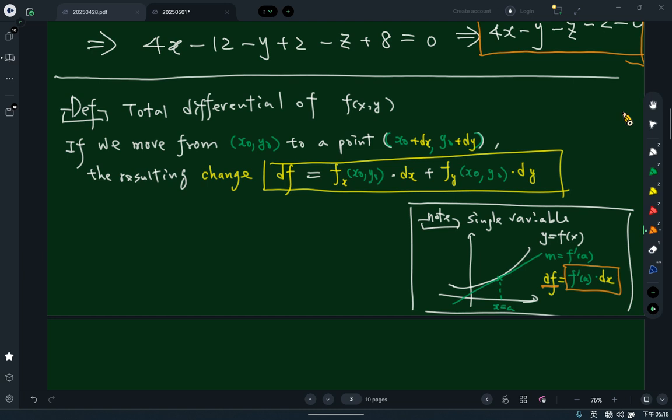We also explained this idea to you before, because you can see if we just focus on a, we can add prime a here, we can get a slope.